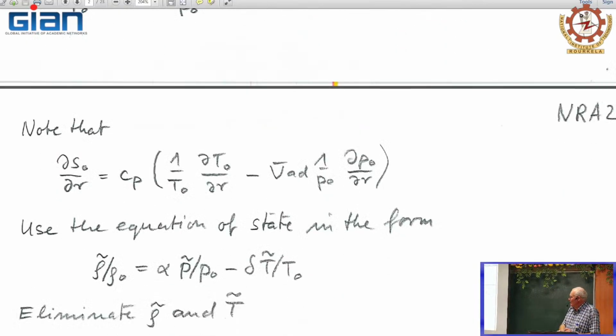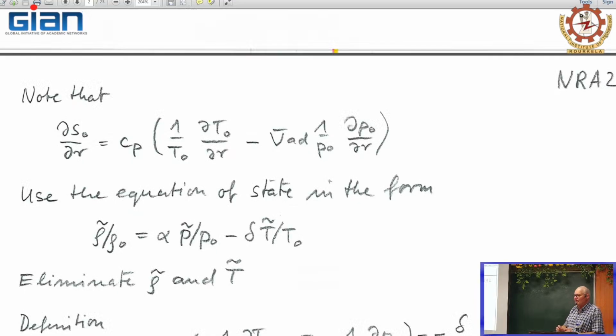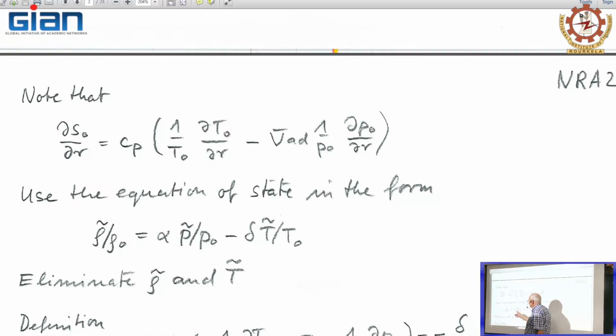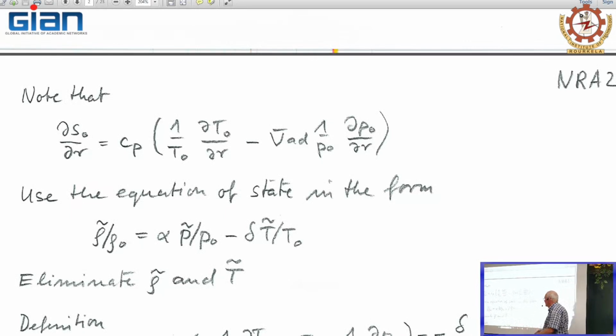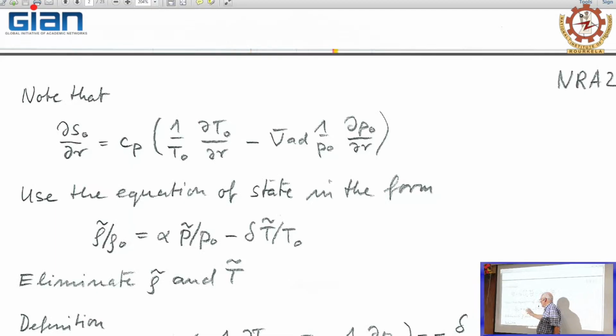Okay, then in the next step we will make use of the equation of state in the following form, where the relative Eulerian density perturbation is related to the relative Eulerian pressure and temperature variation. Of course, we have our well-known coefficients alpha and delta appearing in this relation.